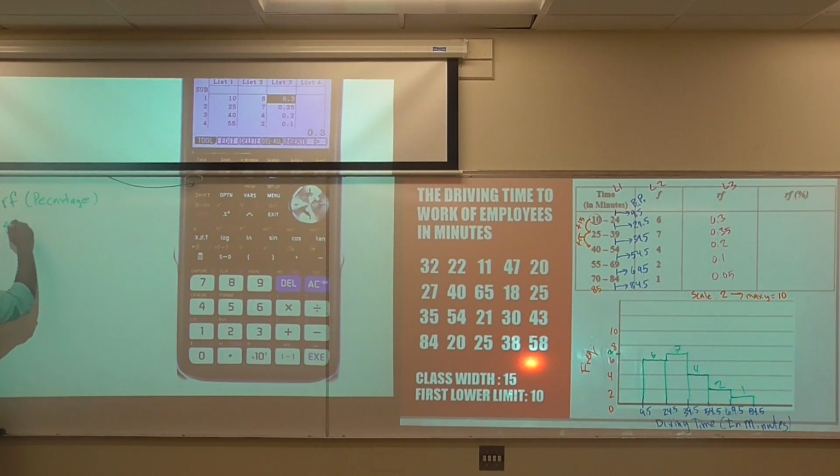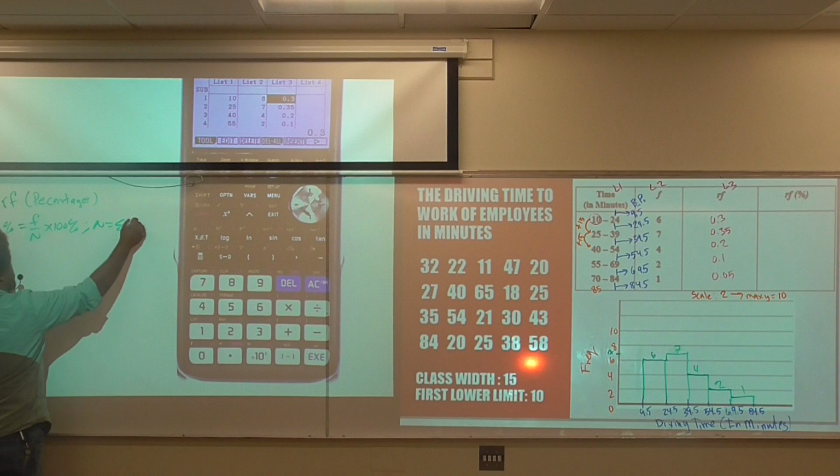It turns out that it's going to be the corresponding relative frequency, or proportion, of each interval, but we're going to multiply it times 100%. Once again, n is the sum of all frequencies.